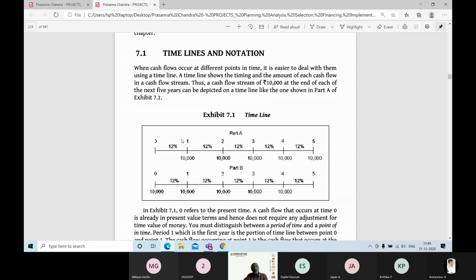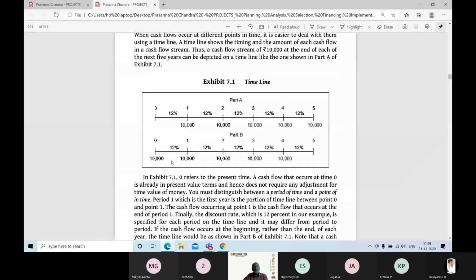Points 0, 1, 2, 3, 4, 5. Here, this 10,000 is the starting point, then the interest is there. So here, what does it mean? The first one is 0, the present time. A cash flow that occurs at time 0 is already in present value terms, and hence does not require any adjustment for the time value of money.